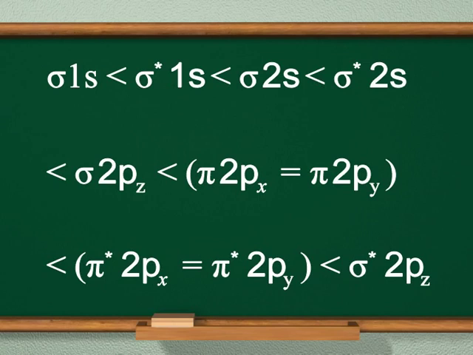It has lower energy than sigma 2pz. It has lower energy than pi 2px. Its energy is equal to pi 2py. It has lower energy than pi star 2px. Its energy is equal to pi star 2py. It has lower energy than sigma star 2pz.